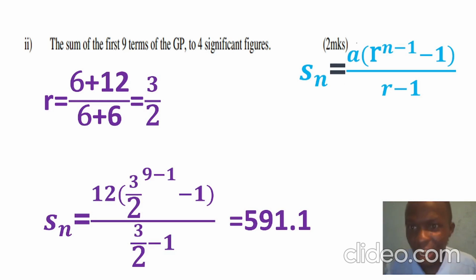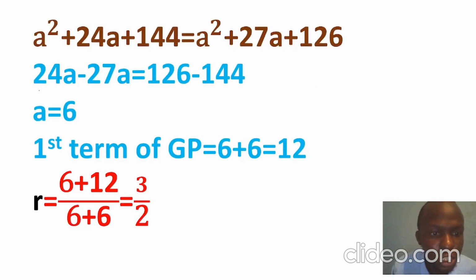So we are going to use it now. In this question, we are given the number of terms n. So we are going to substitute n in this formula, 9. R we are not given. We need the sum of the 9 terms, but we can get R since we have an expression.